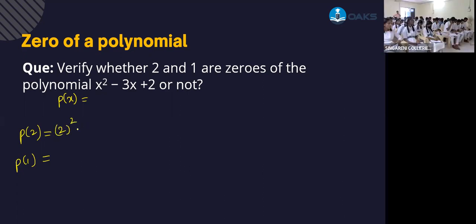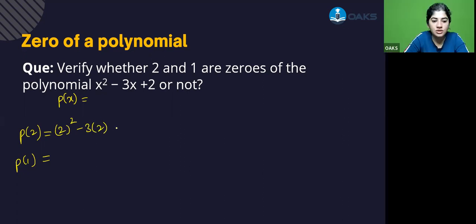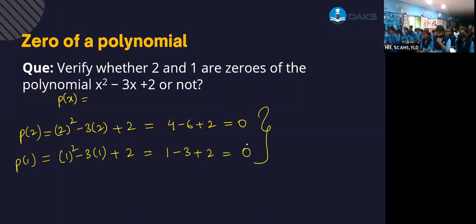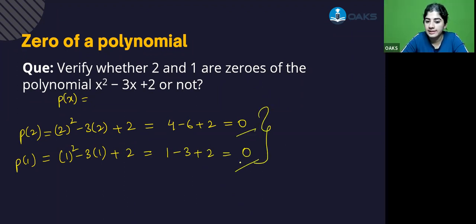Okay, thank you so much. You can match with my answer. I'm getting 0 in both the cases, which means 2 and 1 are both the zeros of this polynomial.